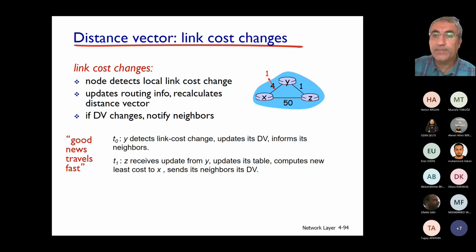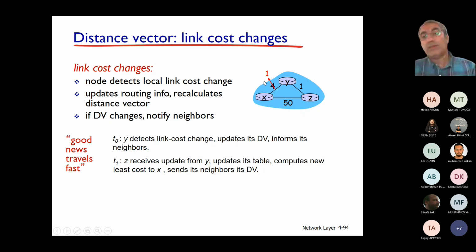Let's say the Z, at T1 time, receives the update from Y, and it's going to update its table and compute the new least cost to X, because the least cost was through the Y, 1 plus 4, which was equal to 5.